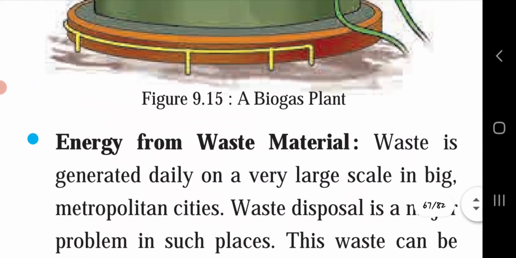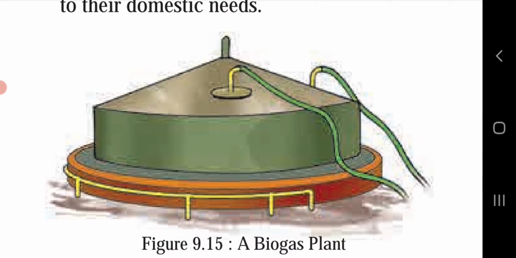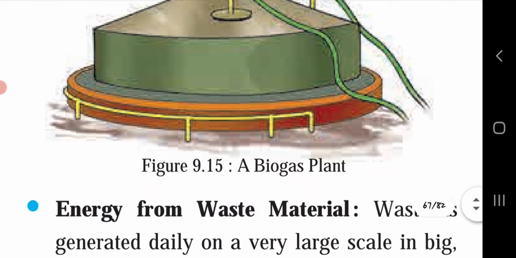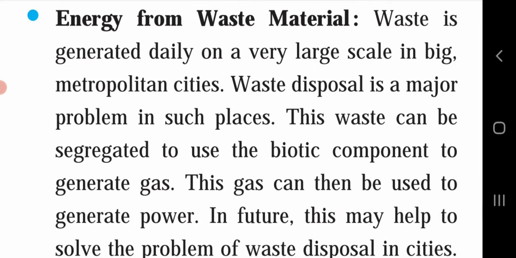Here a biogas plant is shown. The farmers can have a biogas plant in their yards so that they can cater to their domestic needs easily without using any artificial products.